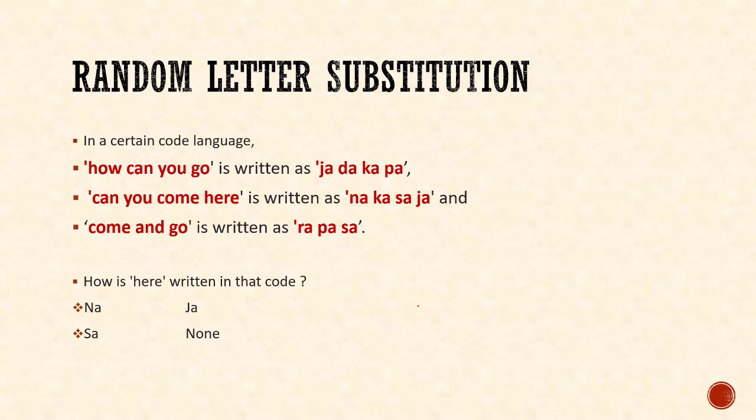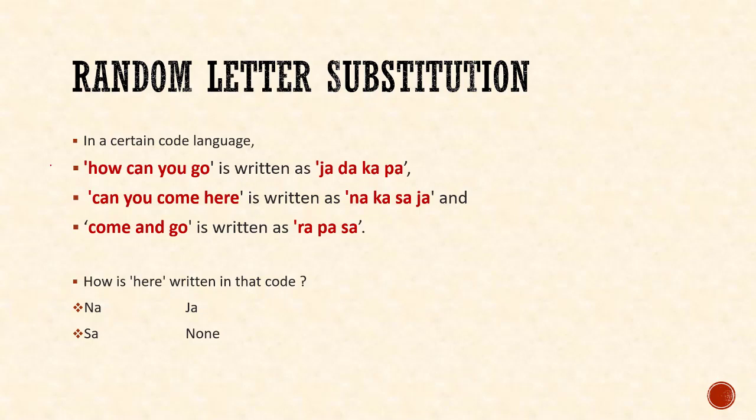Now, random letter substitution. Same logic, but here in place of numbers, we have been given some illogical words which do not make any sense in the English language. Again, we will use the commonality thing here.